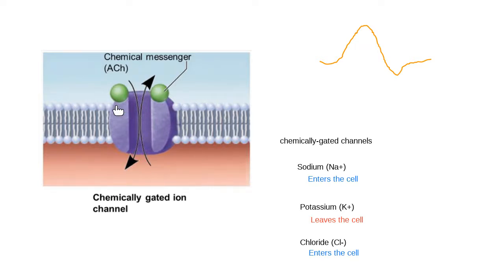When the right neurotransmitter attaches to them, sodium rushes in. Some parts of my membrane have chemically gated potassium channels. When the right neurotransmitter attaches to them, potassium is going to leave the cell. And some parts of my membrane have chemically gated chloride channels. When neurotransmitters attach to these, chloride's going to rush into the cell.